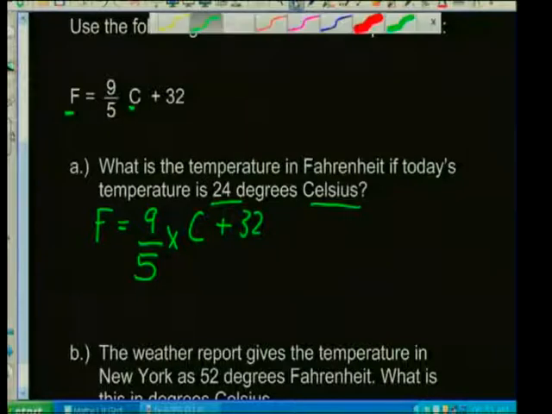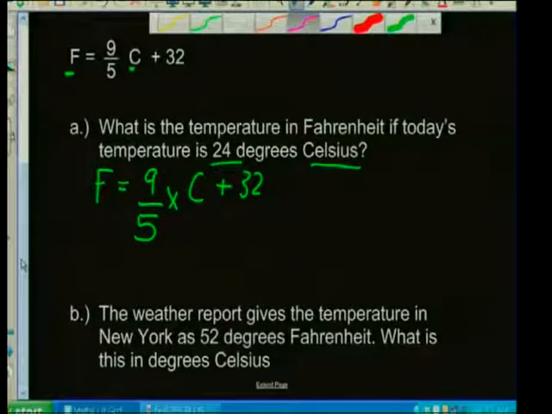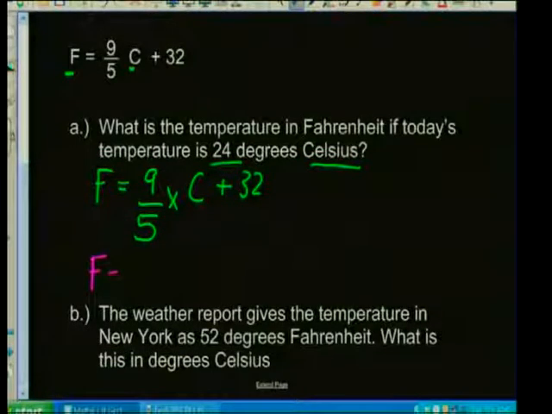Now I'm going to take a different color and substitute in. So F is 9 over 5 times 24 degrees plus 32. This is really important when you are doing calculations like this and converting, if you're only using the 4-function calculator.